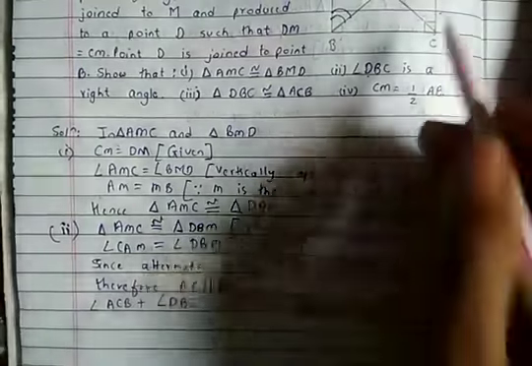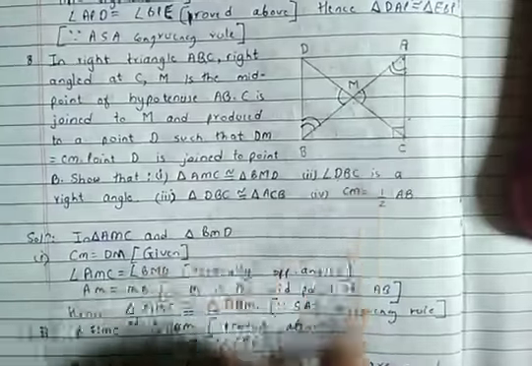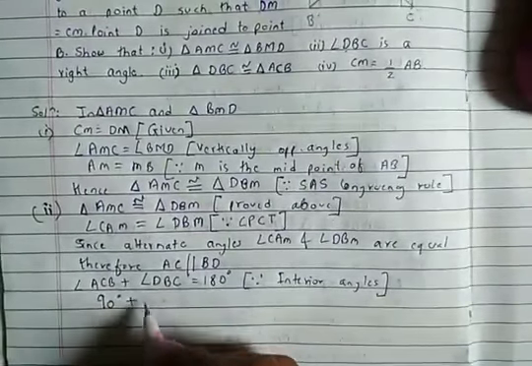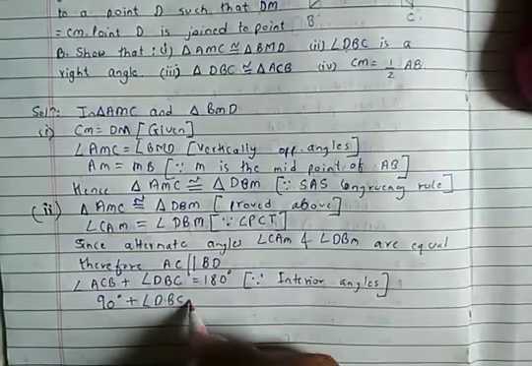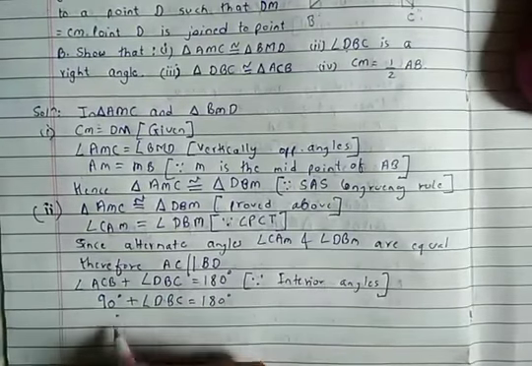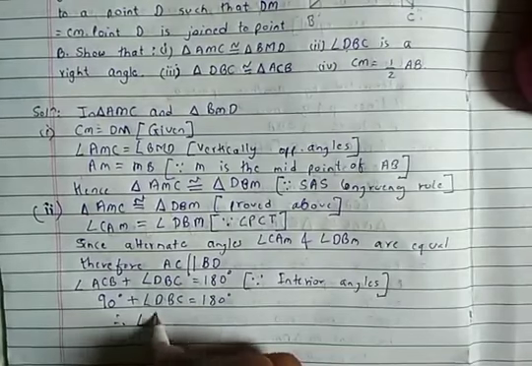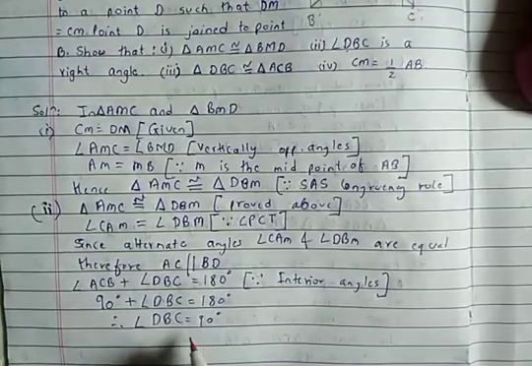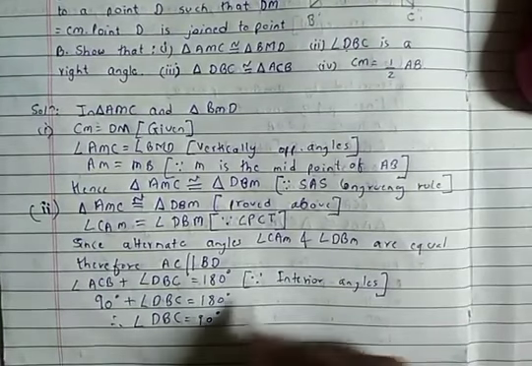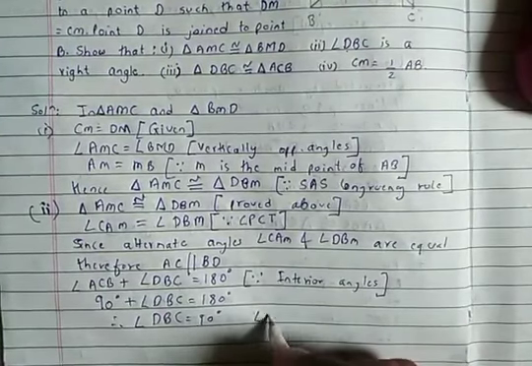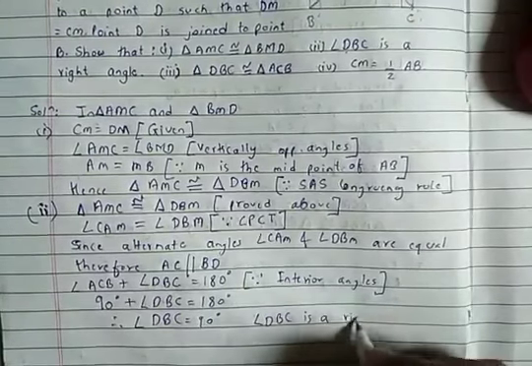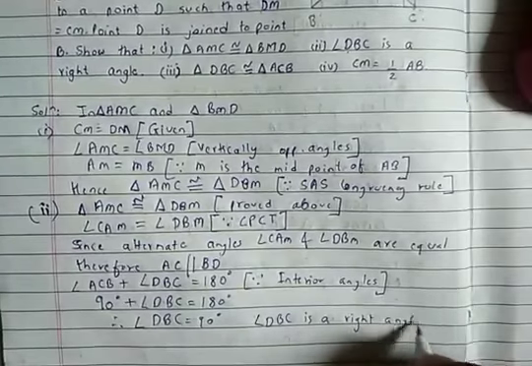Now since the value of ACB is given, it is 90 degrees. It is a right angle triangle. So 90 degrees plus angle DBC equal to 180. So when we solve this, we will get the value of angle DBC as 90 degrees. So the second part also we have proved. When it is 90 degrees, you can say that angle DBC is a right angle, right?